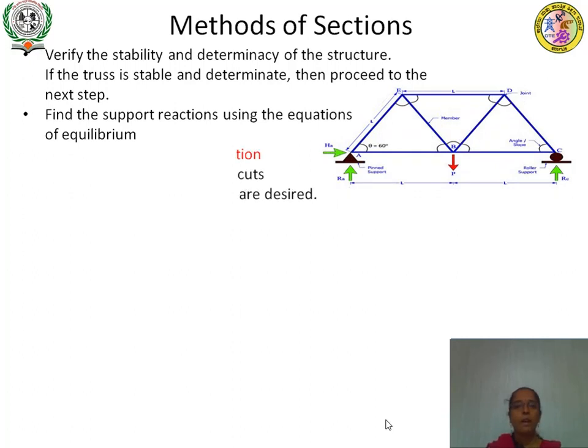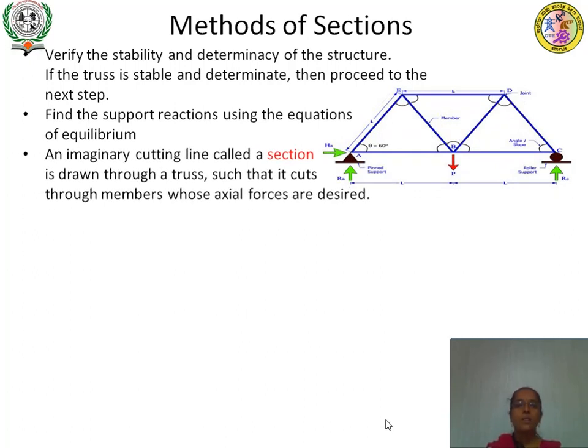Then an imaginary cutting line called a section is drawn through the truss such that it cuts through members whose axial forces are desired. In method of joints we use an imaginary cut at the joint, whereas in sections we pass a section through the truss so that it cuts the required members.